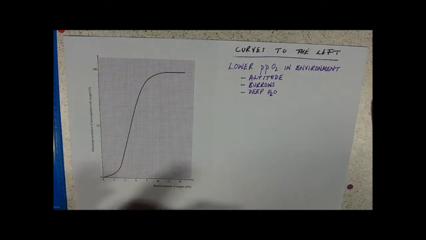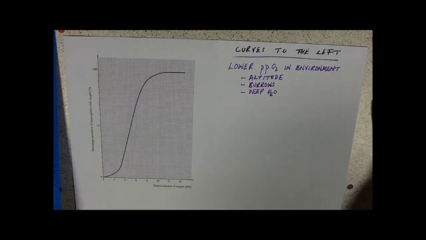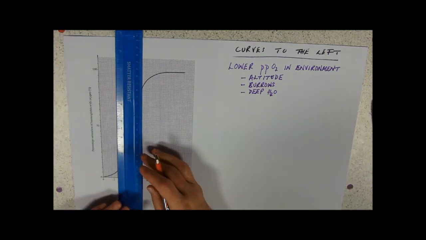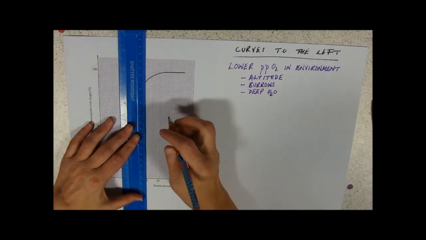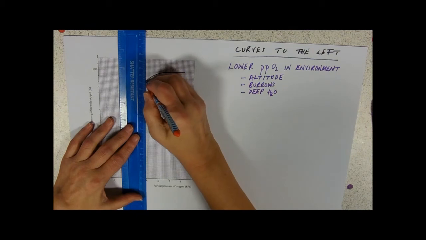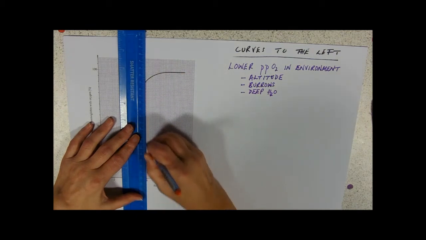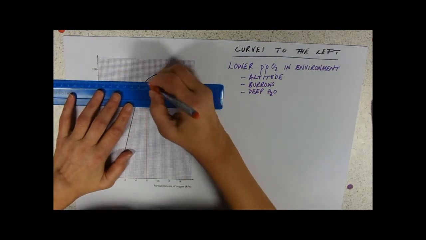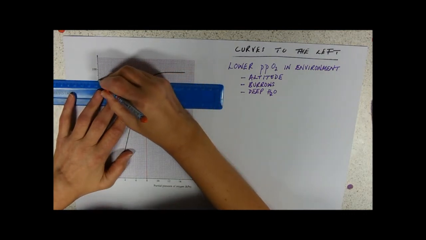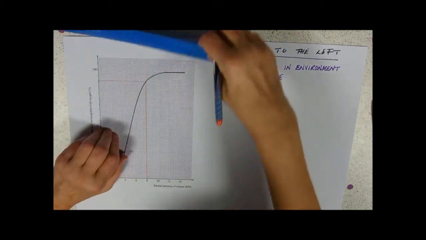So, if you haven't got a lot of oxygen in your environment, you then have an issue with getting oxygen. So say the oxygen in your environment is only at 8 kilopascals. The problem that you've got then is that you can't load up 100% of your oxygen.